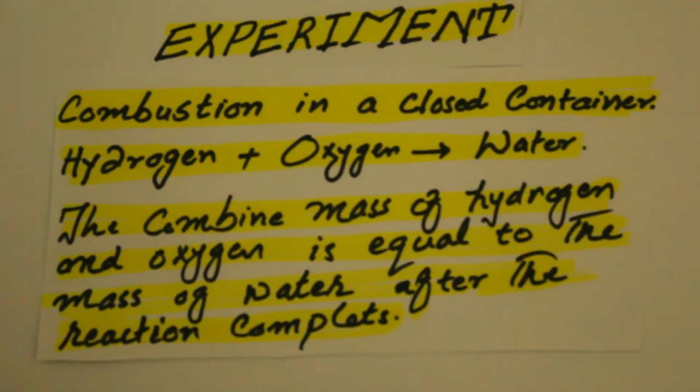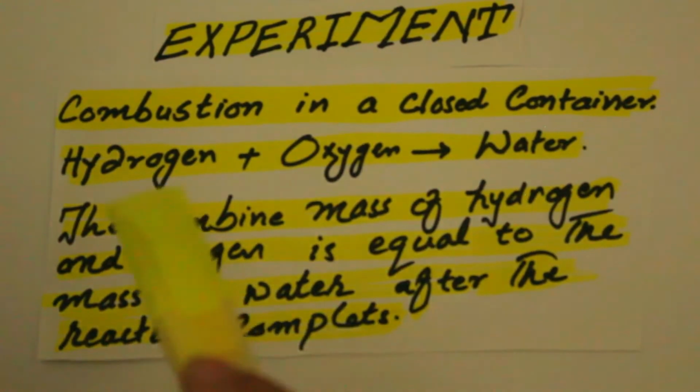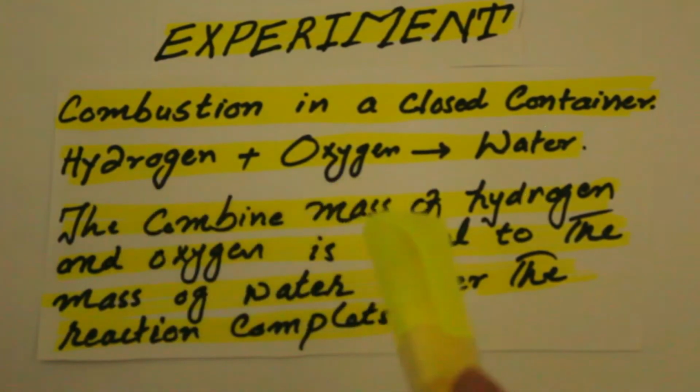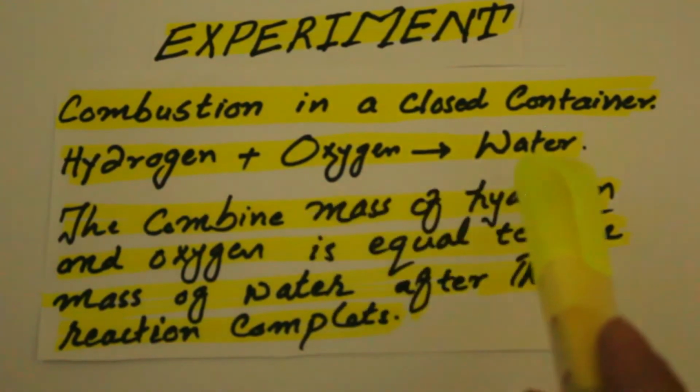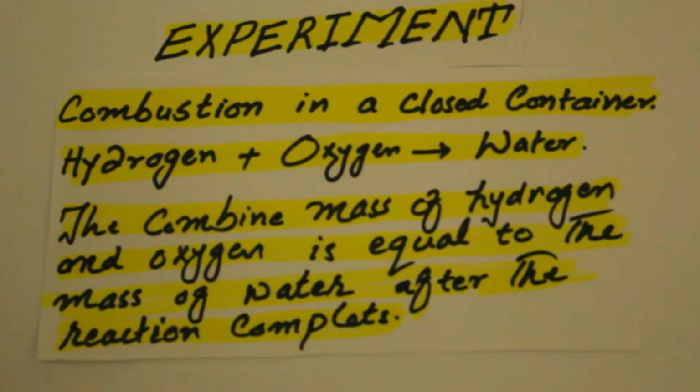In this experiment, we combine hydrogen and oxygen with each other in a closed container, and when they combine, they form water molecules, or you can say they form water. When we add the mass of hydrogen and oxygen and compare it with the mass of the water which forms, we find that these two masses are exactly equal. So this experiment verifies the law of mass conservation.